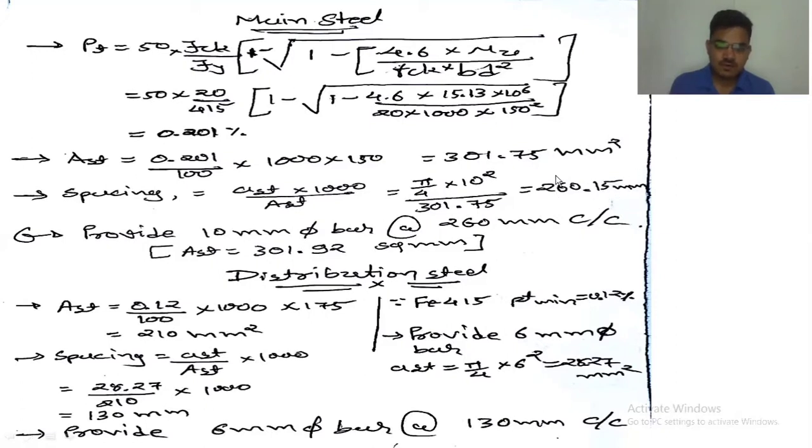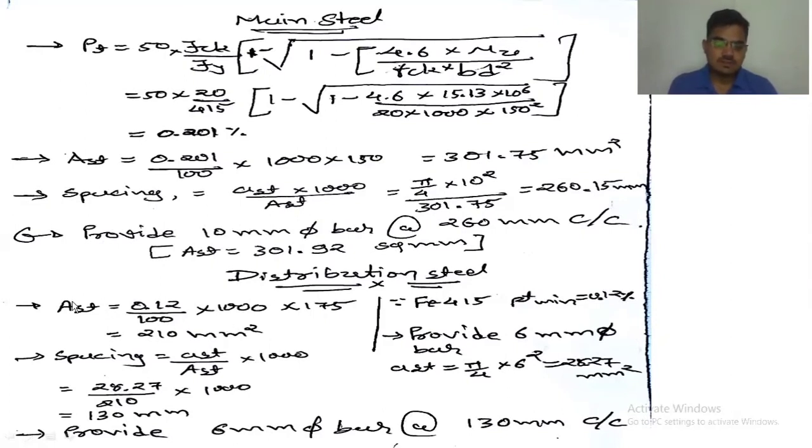We have to provide the smaller spacing from this value. So I am providing 10 mm diameter bar at 260 mm center to center. Main focus here: our actual provided spacing is less than the spacing we calculated.